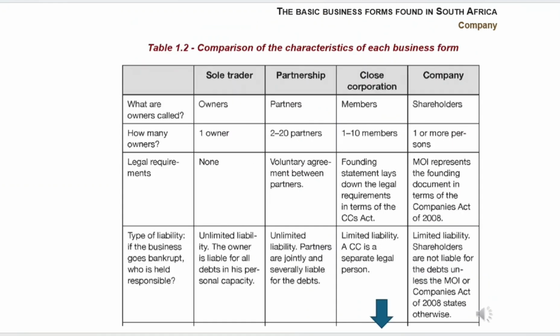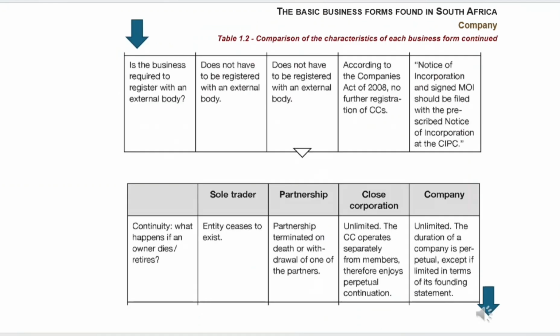And here are the advantages and disadvantages, really a complete summary of the differences between a sole trader, partnership, close corporation and a company, which would make it very easy to summarize this information well in the theory section.